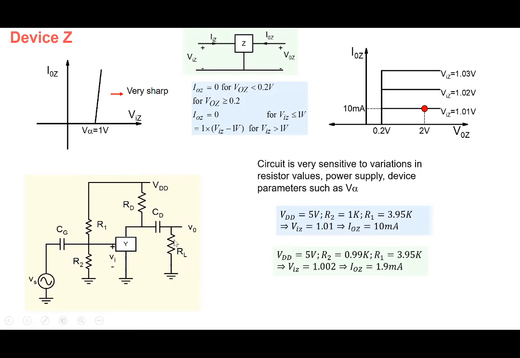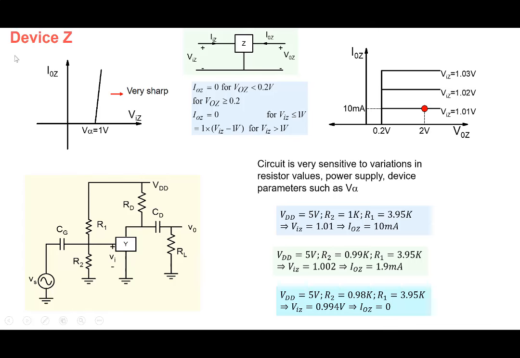So this extreme sensitivity of the circuit is not very good. Similarly, if R2 were to go to, let's say, 0.98K, from 0.99K to 0.98K here, then VIZ goes to 0.994 and the output current actually falls to 0 here. So this very large sensitivity of this circuit to circuit parameters is something that we need to address.